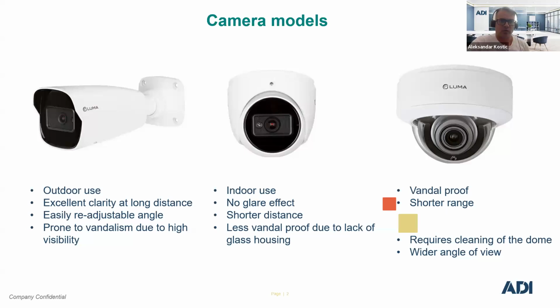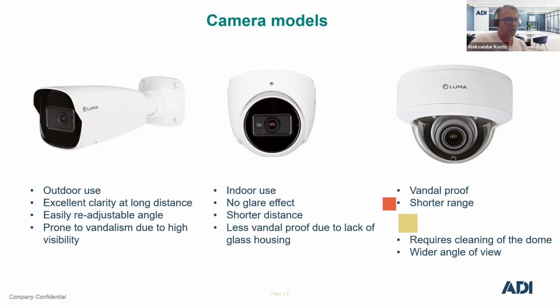We have three main form factors supported, and also one additional, a specific type of camera, fisheye, which has a 360 degree field of visibility, but it is a specific implementation. If you really need the full field of visibility covered, you would use a fisheye camera.